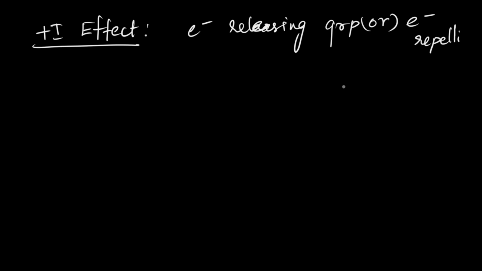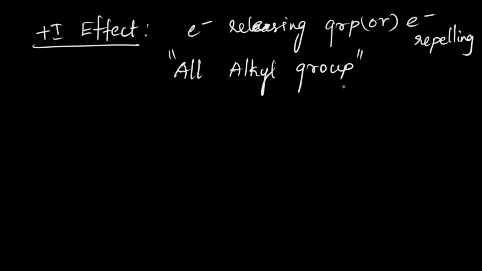You can take anything, for example, all alkyl groups, which always want to be positively charged, so they are ready to give up the electrons. So all alkyl groups undergo the plus I effect.